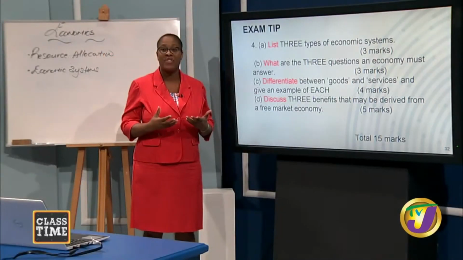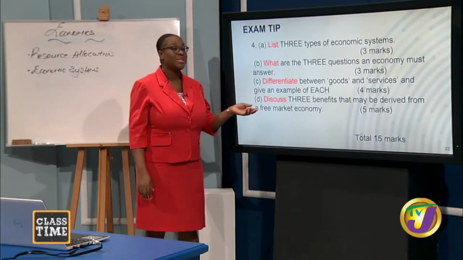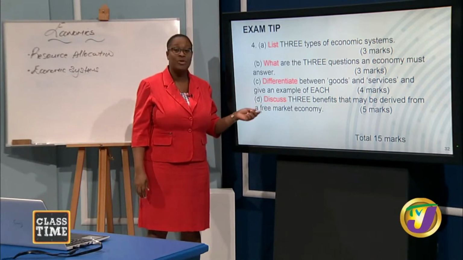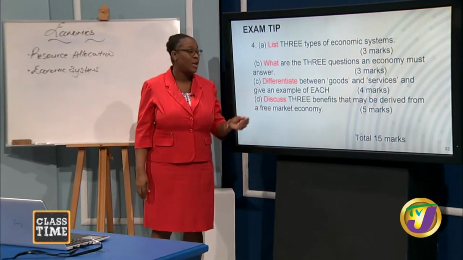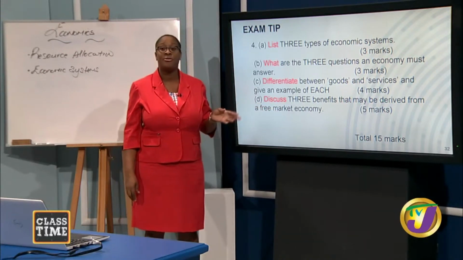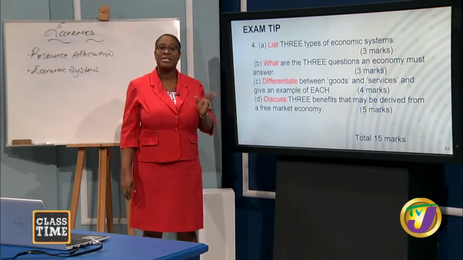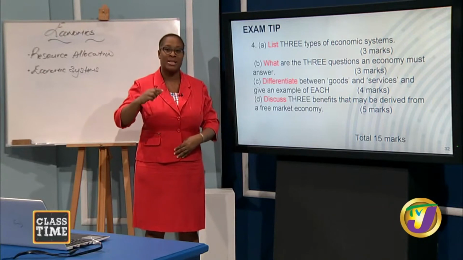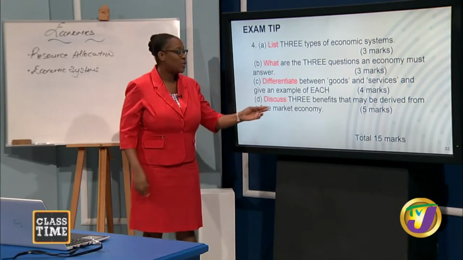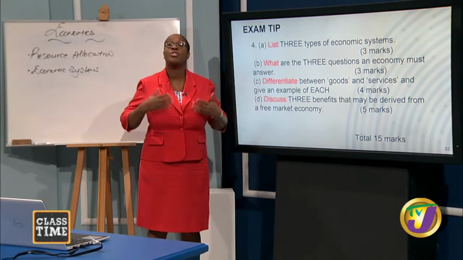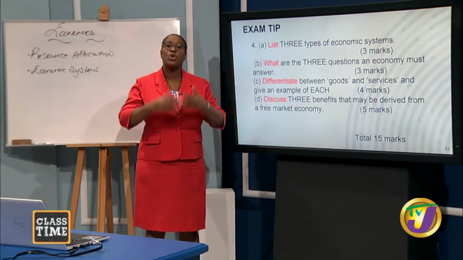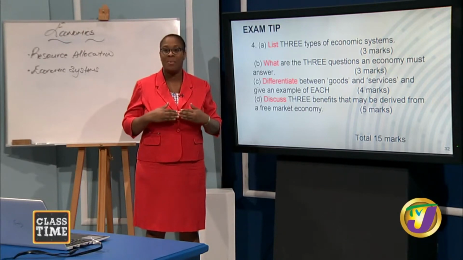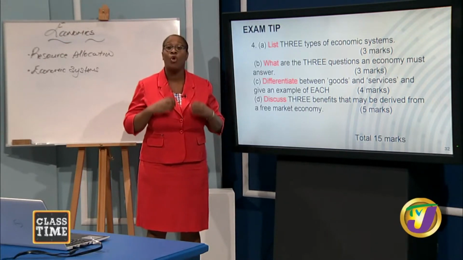Those are services. Now here is where sometimes our students, candidates, do not earn full marks. Here it says discuss 3 benefits that may be derived from the free market. Discuss means that you are going to put some explanation on each point that you are going to make. So 3 benefits there, they are referring to 3 advantages. So you cannot, boys and girls, put it in point form and expect to get the full marks.